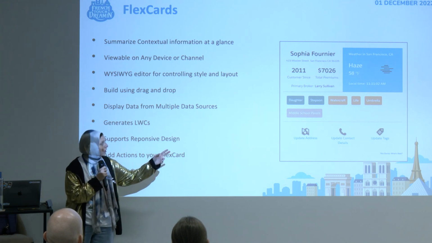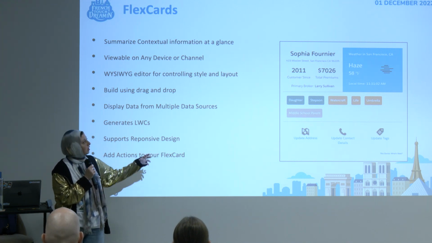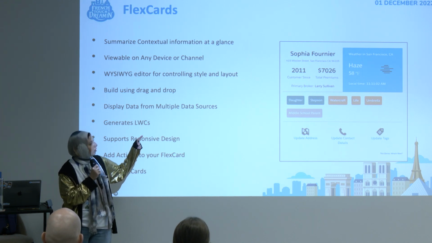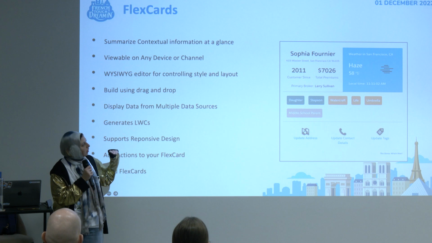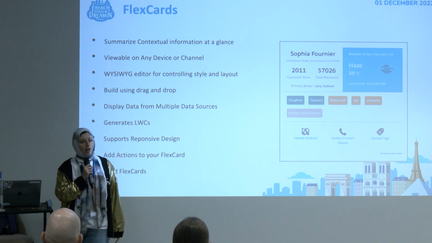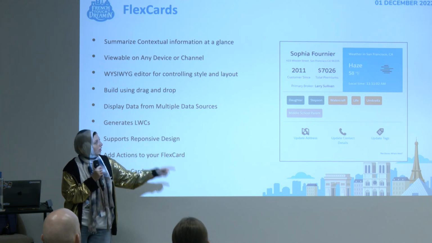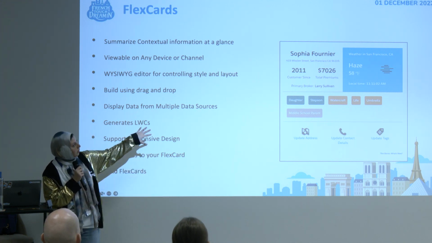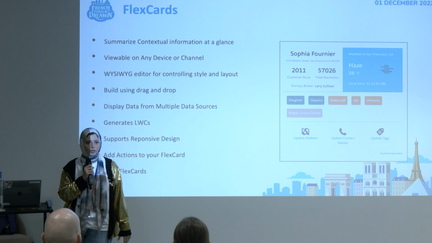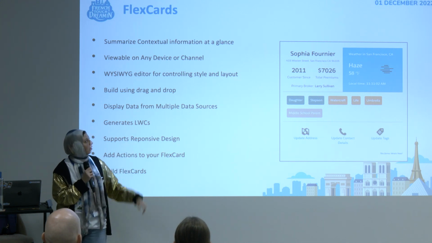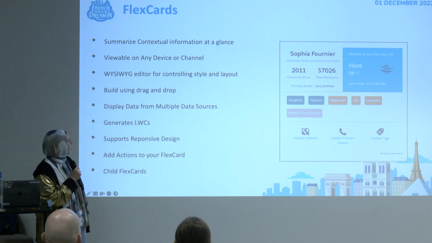When you check this Flexcard over here, it's displaying contact information: the name, the address, and some other information about that contact, but it's also displaying the weather at the contact's location. This is getting it from the weather API, and the other information is coming from inside of Salesforce. So you can combine multiple data sources in a Flexcard.